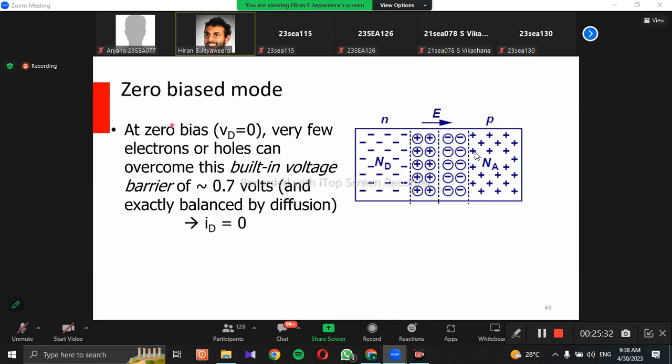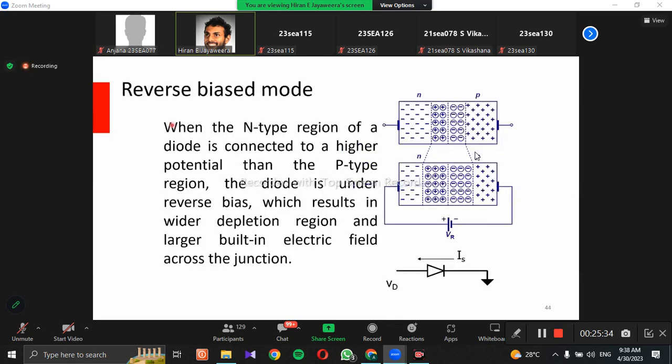And then what we can do is we can try to bias. Here, what we have done is we have applied an external electric field using a battery, right? Now, the electric field of this one is in this direction, from positive to negative. This is the electric field from the barrier or the depletion region. Now, by applying a battery, the positive terminal is here and the negative terminal is here.